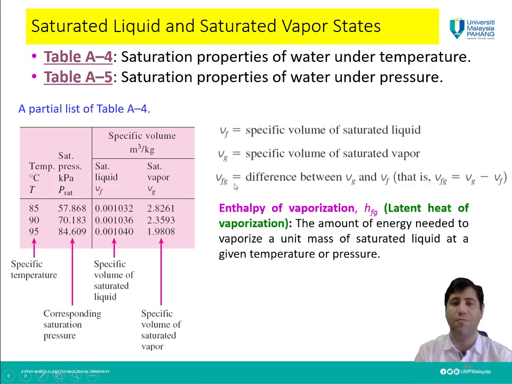And also we have Vfg, which is the difference between Vg and Vf, the specific volume of saturated vapor and the specific volume of saturated liquid, or simply Vfg is equal to Vg minus Vf.